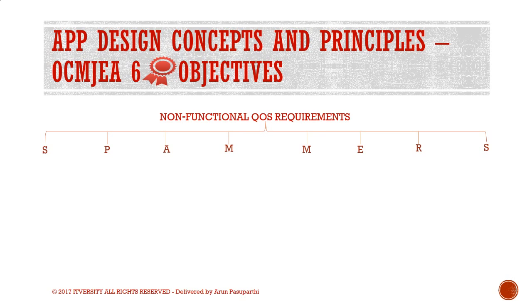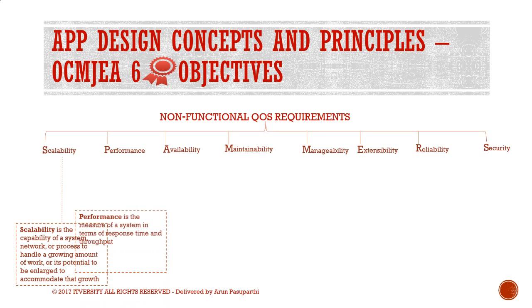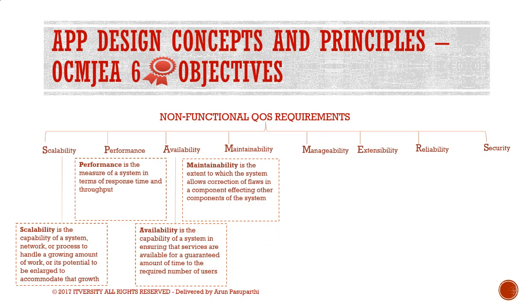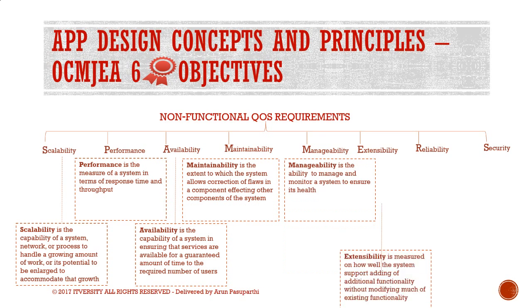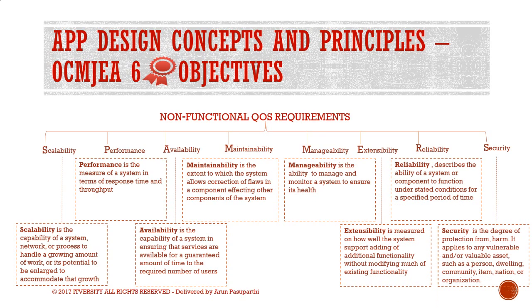Each letter in the word SPAMMERS stands for one aspect of a non-functional requirement, and each letter here is very important to remember. The first one is scalability, performance, availability, maintainability, manageability, extensibility, reliability, and security.